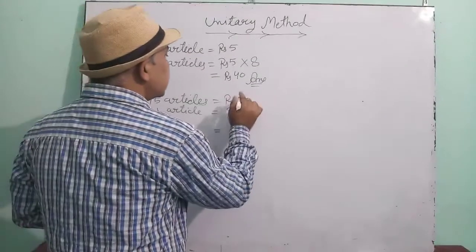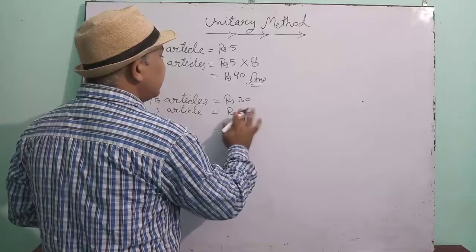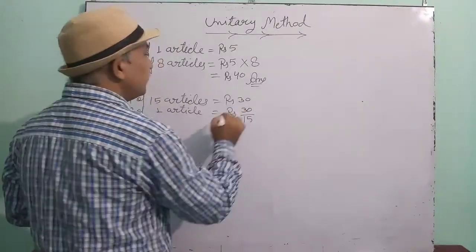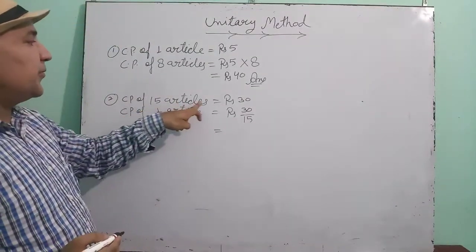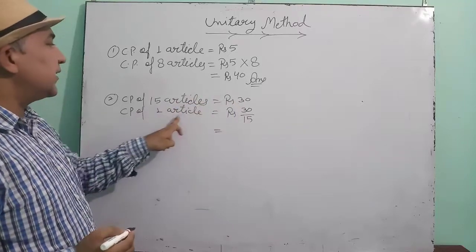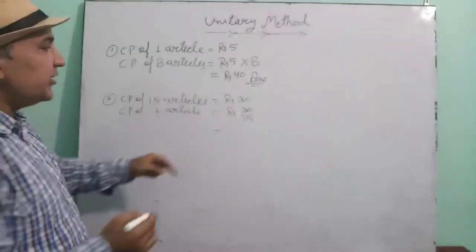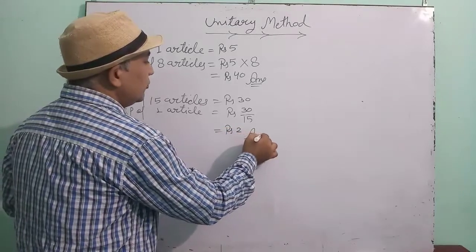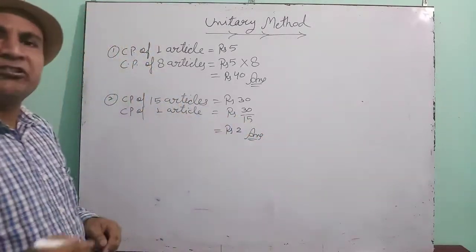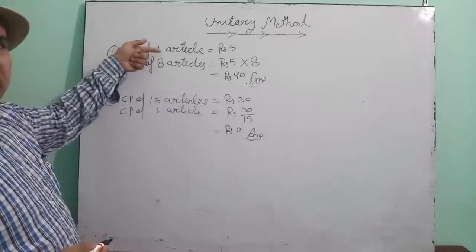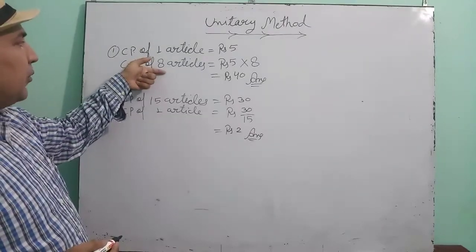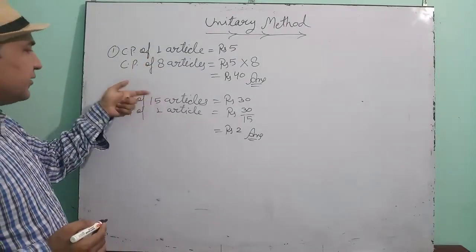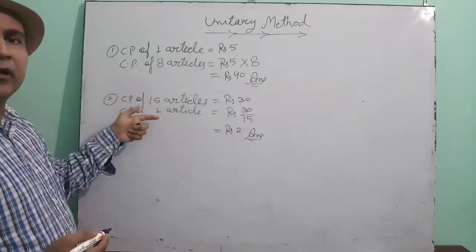Suppose we are taking this 30 so that we can divide easily. Okay, cost price of 15 is 30 rupees, then cost price of 1 will be 30 upon 15, that means rupees 2. This is called the unitary method. Value of 1 is given, you have found value of more. If value of more is given, you have found value of 1.